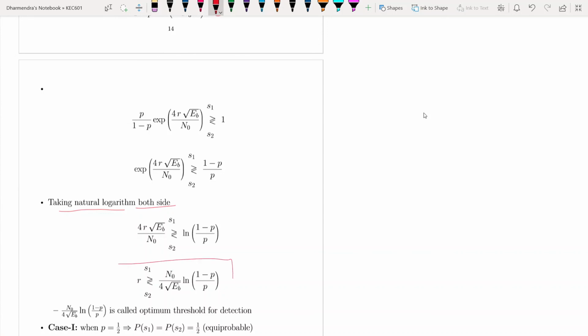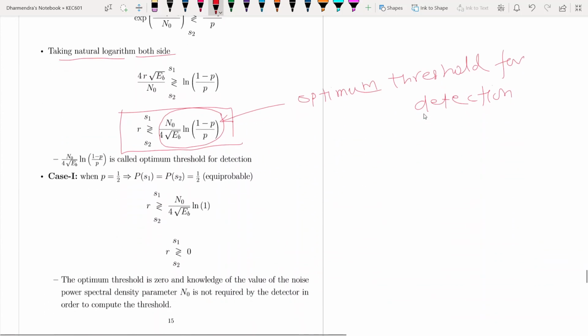I will get this, and the term on the right side is known as the optimum threshold for detection in case of binary PAM.